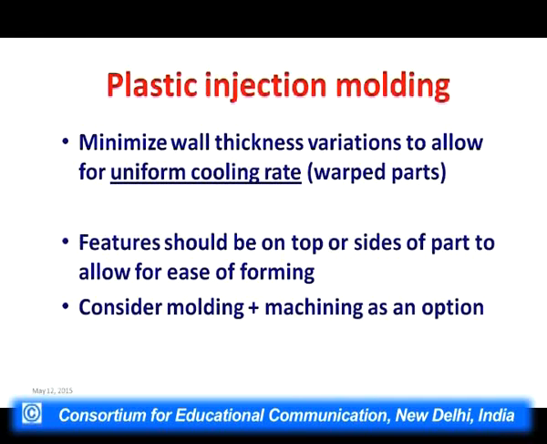Plastic injection molding. Minimize wall thickness variation. There should not be a lot of variation in the wall thickness, because it will create warping of the parts and the manufactured products will not be acceptable. Minimize wall thickness variation to allow for uniform cooling rate, otherwise we will have warped parts.